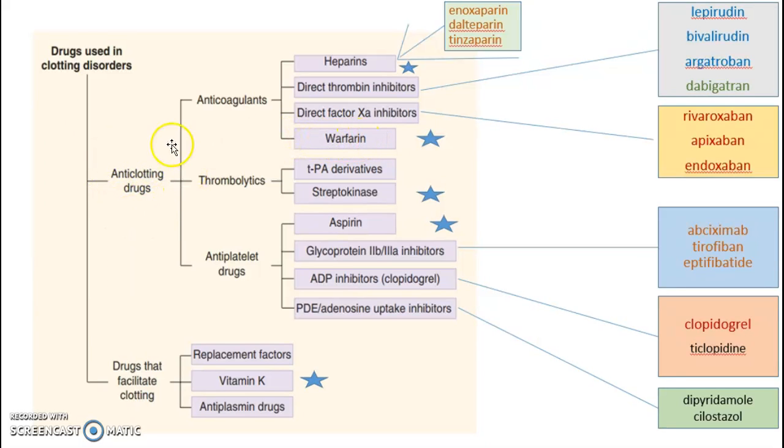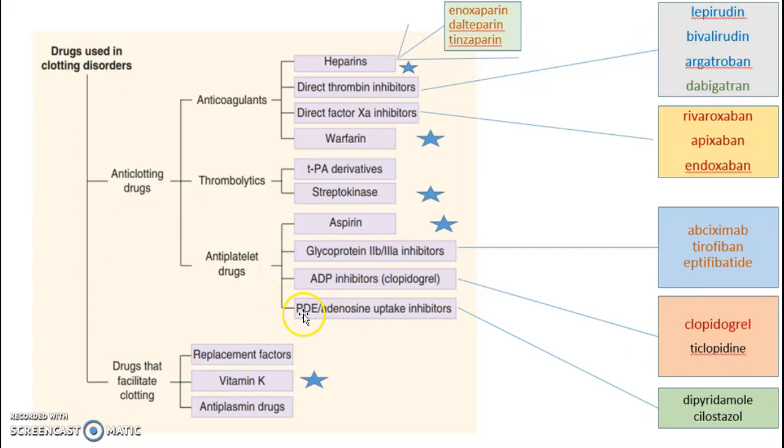And then we have the anti-clotting drugs, thrombolytics. So we have the tPA derivatives, such as alteplase. And then we have streptokinase on its own. And then we have the antiplatelet drugs, aspirin on its own. And then we have glycoprotein IIb/IIIa inhibitors, such as abciximab, tirofiban, eptifibatide. And then we have the ADP inhibitors, clopidogrel and ticlopidine.